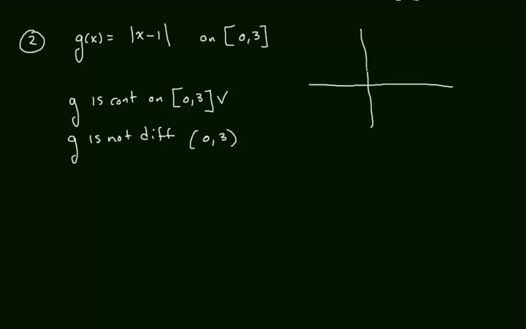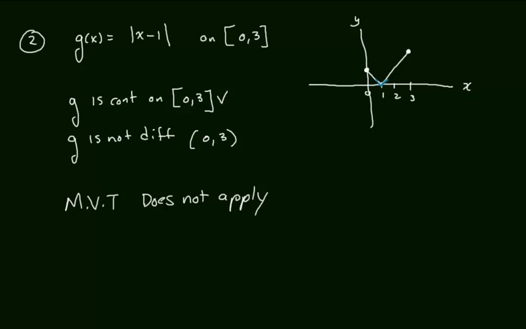This is a V shape shifted over 1, so it's going to look like this. 0, 1, 2, 3. You see that this function is not smooth or differentiable at x equals 1 because we have, if you recall, what's called a corner. A sharp transition is not smooth, it's not differentiable. Here, the mean value theorem does not apply.